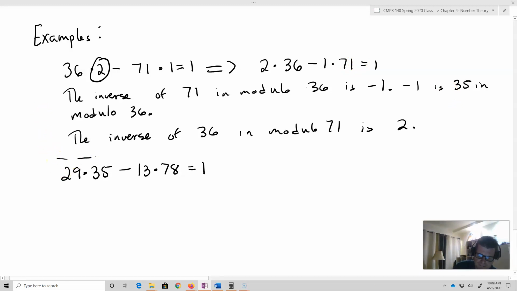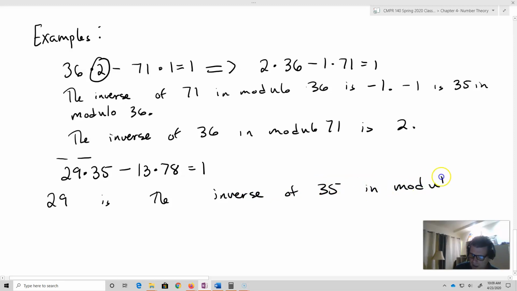Now here's the second one. What this is saying is that 29 is the inverse of 35 in modulo 78.